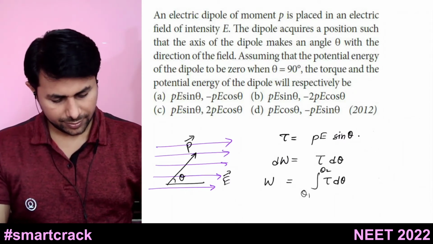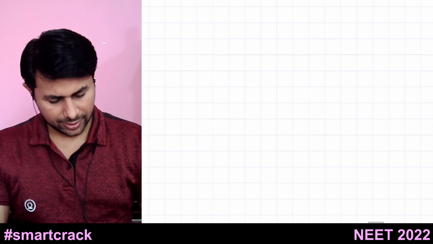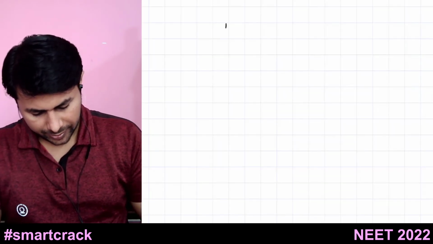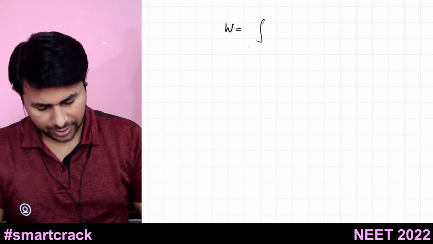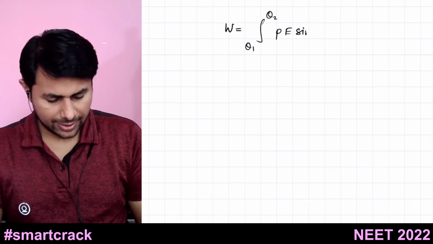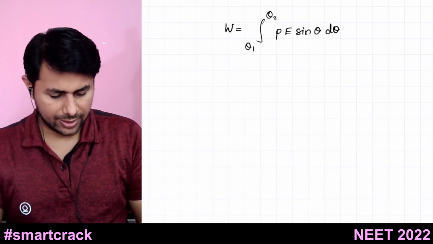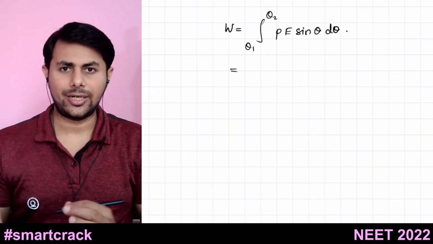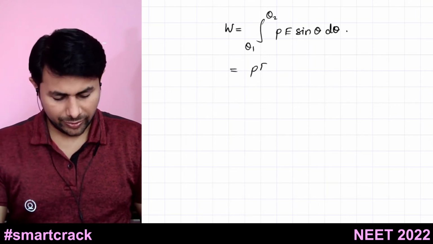So work done is the integral from theta 1 to theta 2 of Pe sine theta d theta, and P is constant, so we can take it outside of the integral. So what do we get?